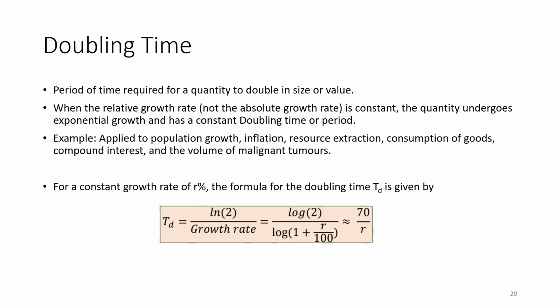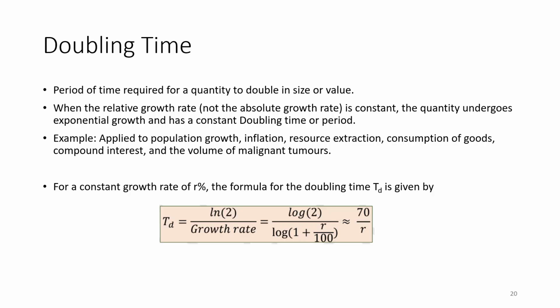Next is doubling time. It is the period of time required for a quantity to double in size or value when the relative growth rate, not the absolute growth rate, is constant. The quantity undergoes exponential growth and it has constant doubling time or period.